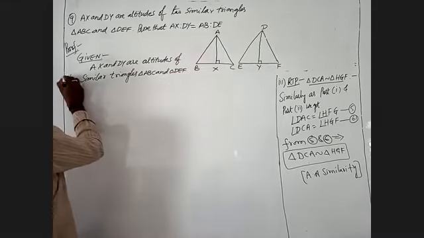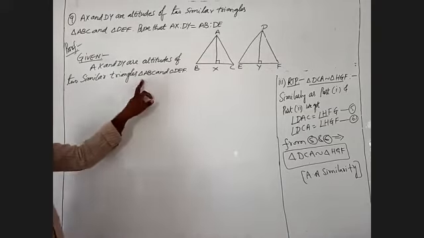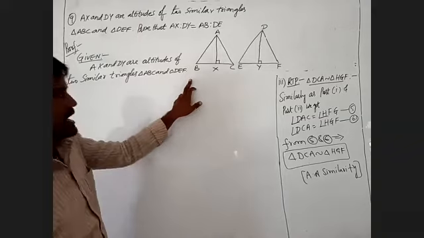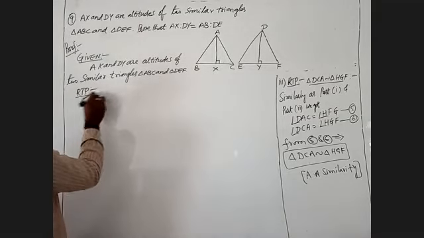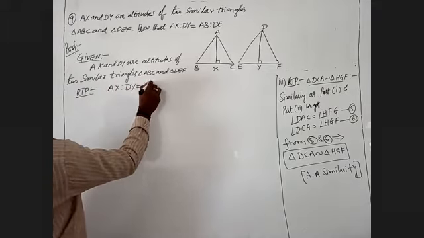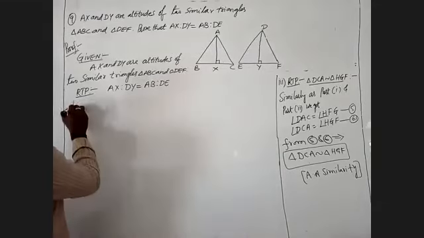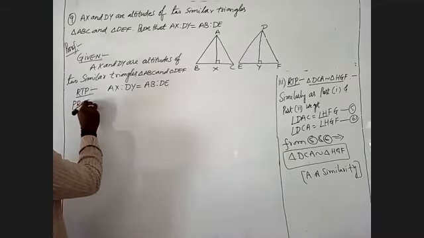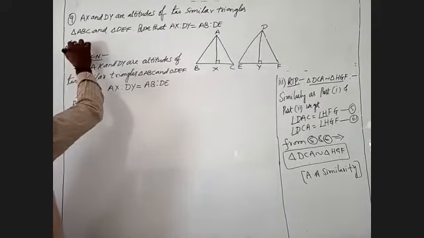You observe this one. Required to prove AX is to DY is nothing but AB is to DE. Now I am going to the proof. This is the solution of your problem.